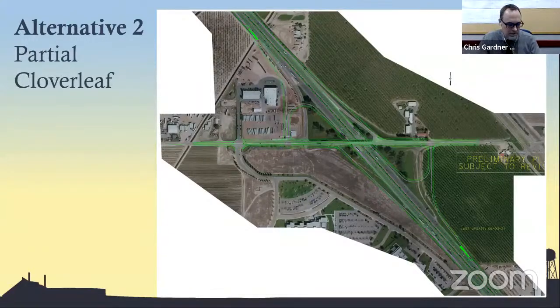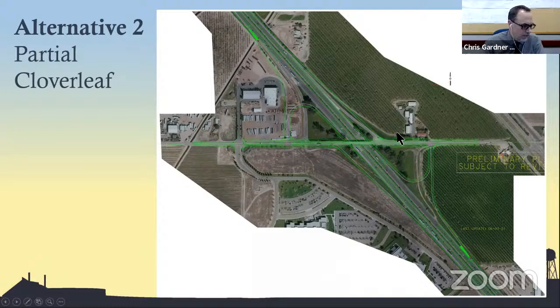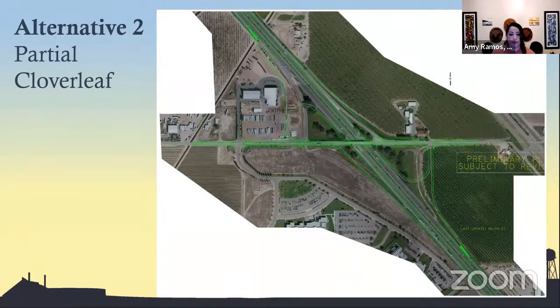Let me see if I can get this working here. You should be able to use the annotate function, Chris. If you go to view options on your Zoom control, there's an annotate function and it allows you to have a mouse. That way it'll help us see what you're talking about. So I'm using it right now. Okay, I think I have control of the mouse. Perfect. All right. Thank you.